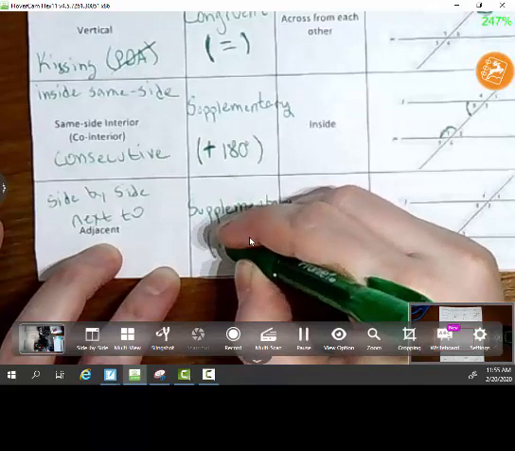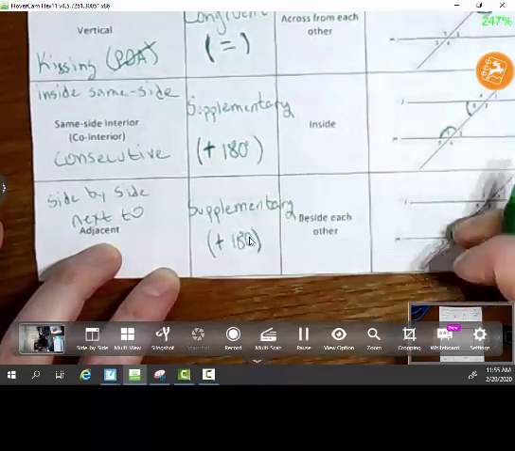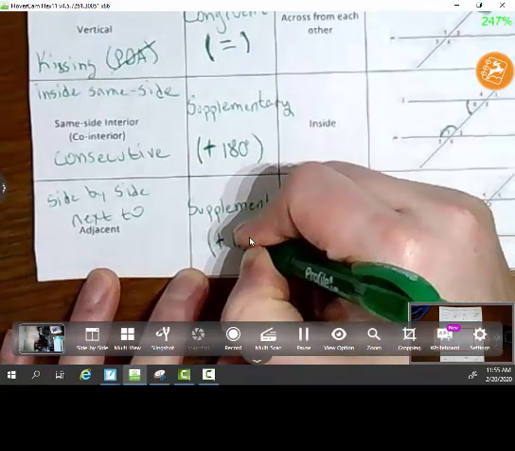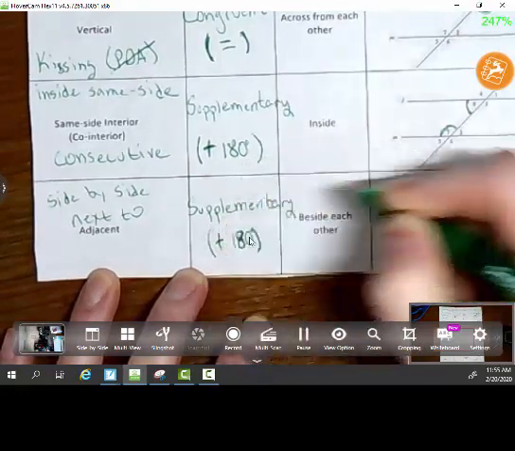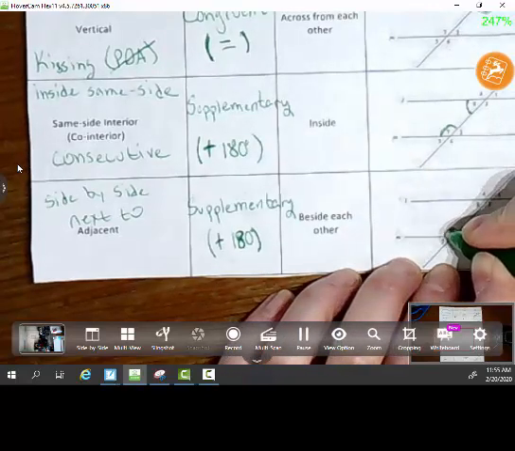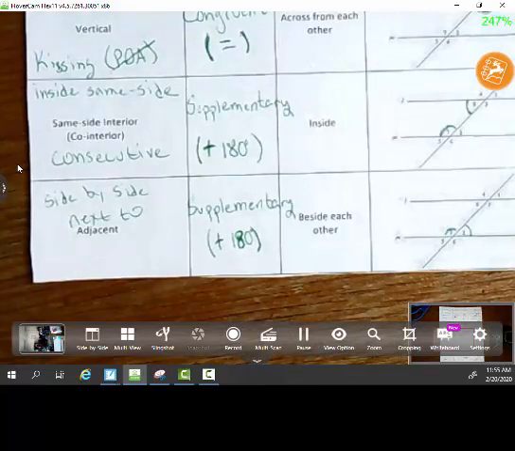Adds up to 180. That's an 8. 7 and 2, that's one pair. 4 and 1's another pair. There's a whole bunch of them, right?